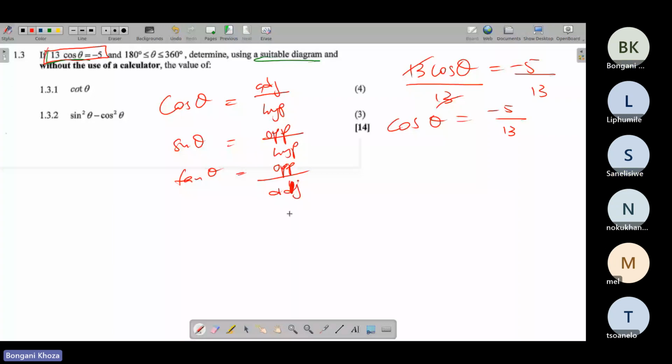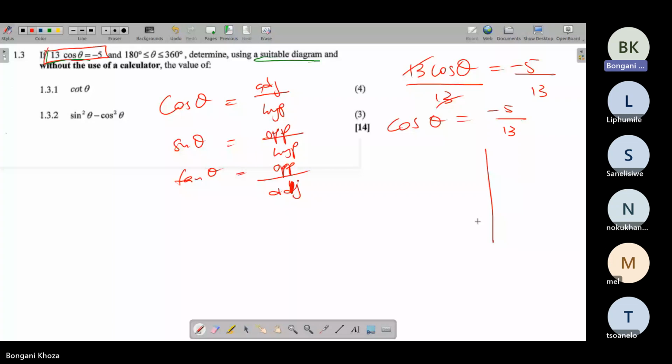Yes. All right. So now, I think the diagram we normally use is this one. Okay, that's fine. So we now have to check which quadrant theta is in.